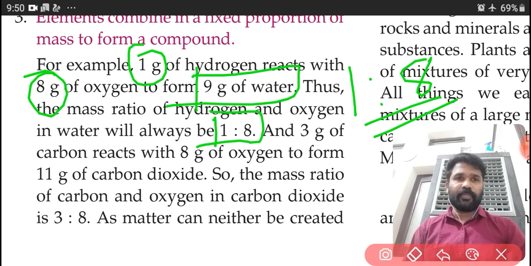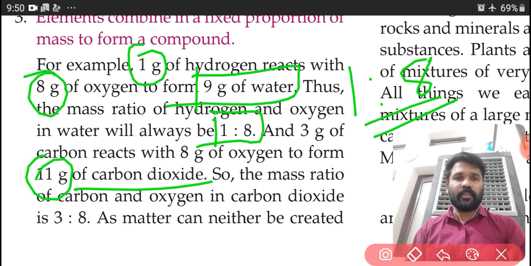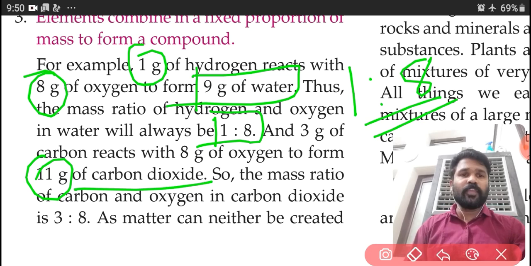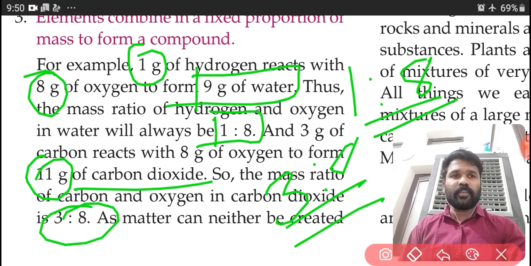And 3 grams of carbon reacts with 8 grams of oxygen to form 11 grams of carbon dioxide. So the mass ratio of carbon and oxygen in carbon dioxide is 3:8.